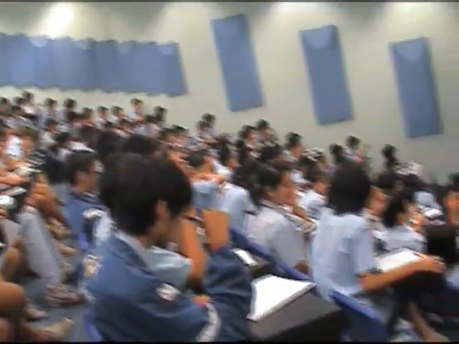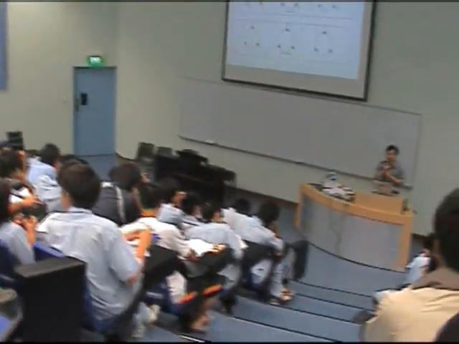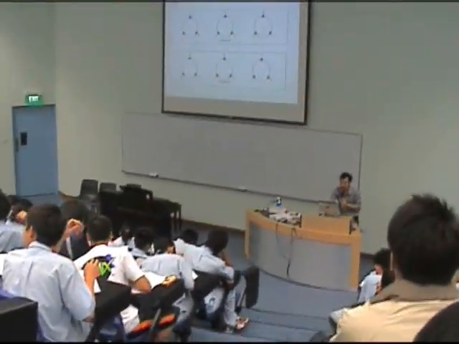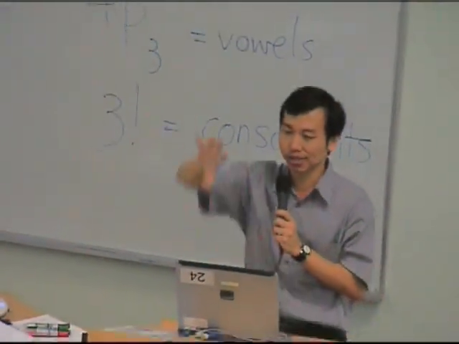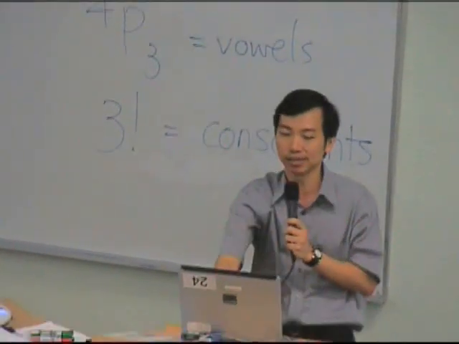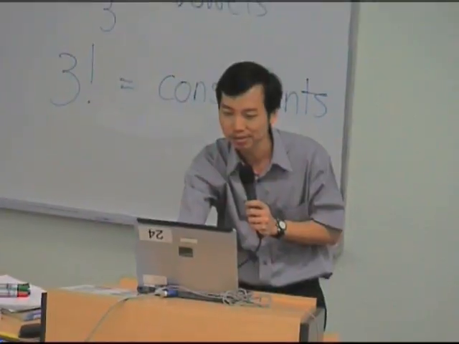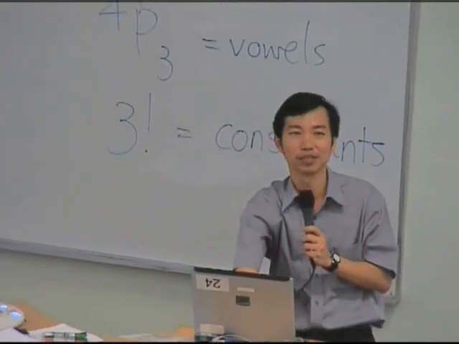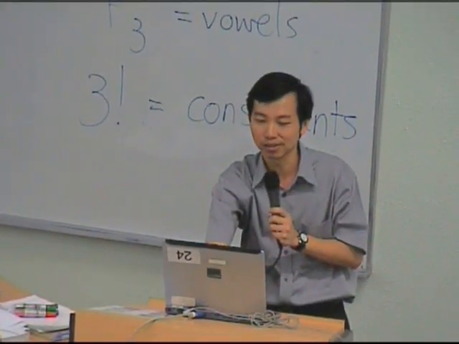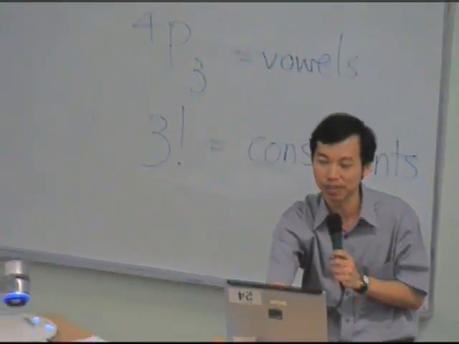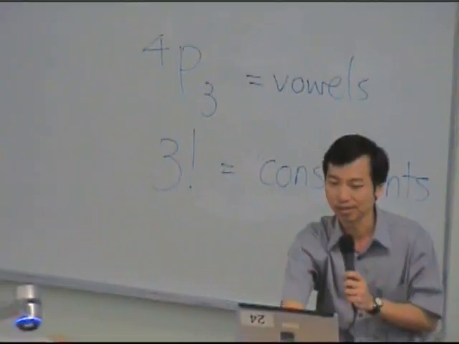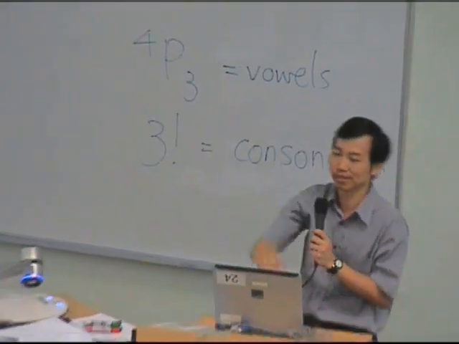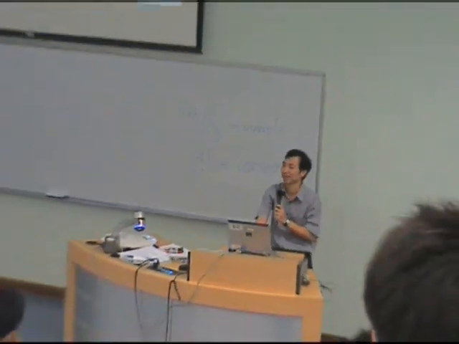Okay, so look at the diagram. This is what I was trying to represent. First arrangement, A, B, C. But now if they all shift by one place, then you see this one, A, B, C. It's actually still the same arrangement. If A looks at left and right side, A still sees B and C. If they shift one more place again, it's still the same arrangement.